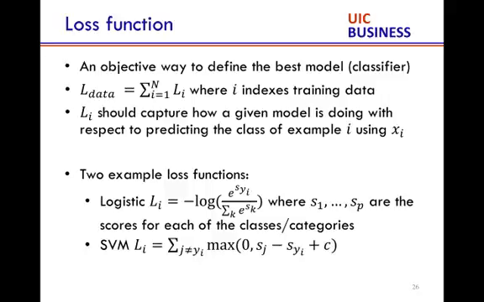So S1 to SP are the score vector. The logistic loss for the ith example is about how did I score the true label of that image. For example, if it's a dog, what was the score I assigned to the dog compared to everything else? That's roughly what this is capturing, and the negative log is because of some other interpretation. We don't care about it. This is somehow capturing this intuition, right?